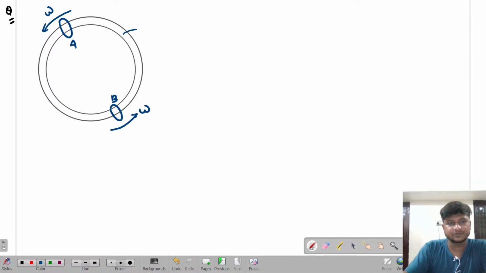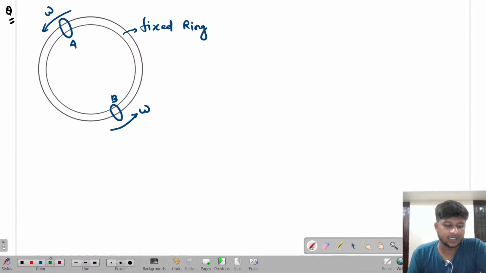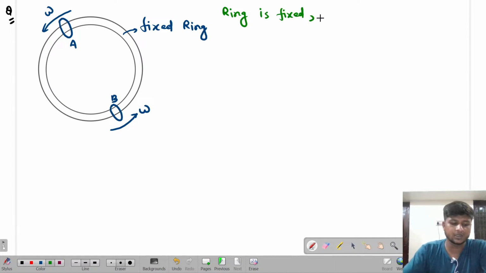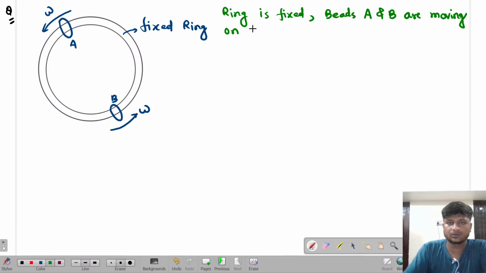Now, the ring is fixed. So the question arises once again: what is a rigid body? Are you able to get me or not? So the ring is fixed, but beads A and B are moving on the ring.